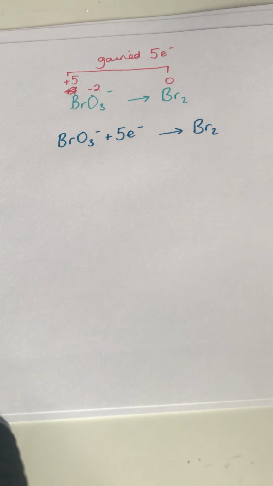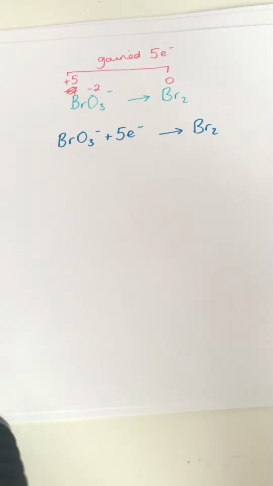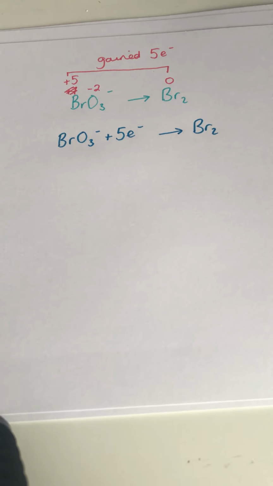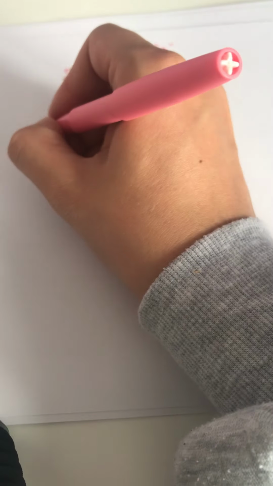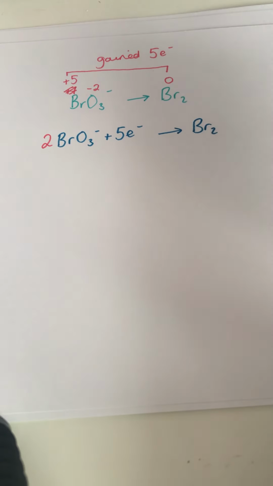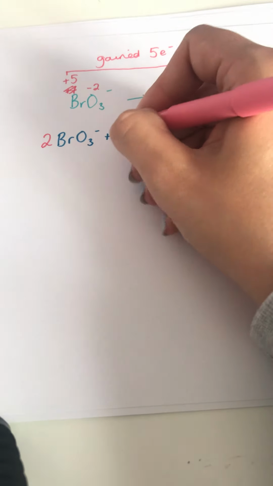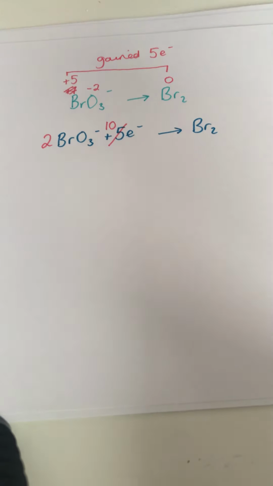Now this example is a little bit different to the last one because I can see that my Brs do not balance. So there's an extra step here. I'm going to have to balance the equation for Br. Because I've got 2 Brs on the right hand side, I'm going to need 2 lots of BrO3 minus, meaning that I'm actually going to need 10 electrons in this case.